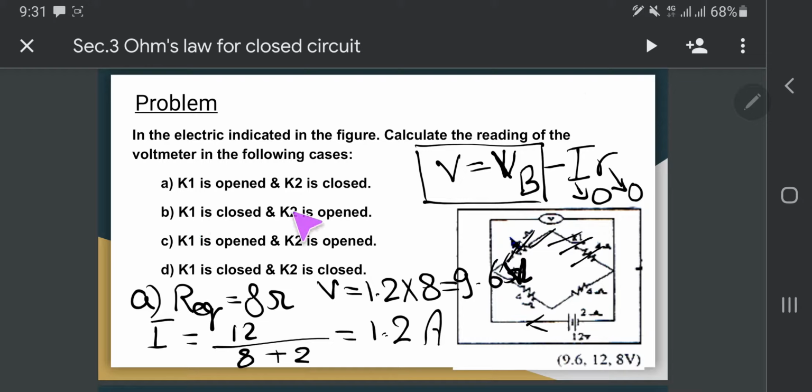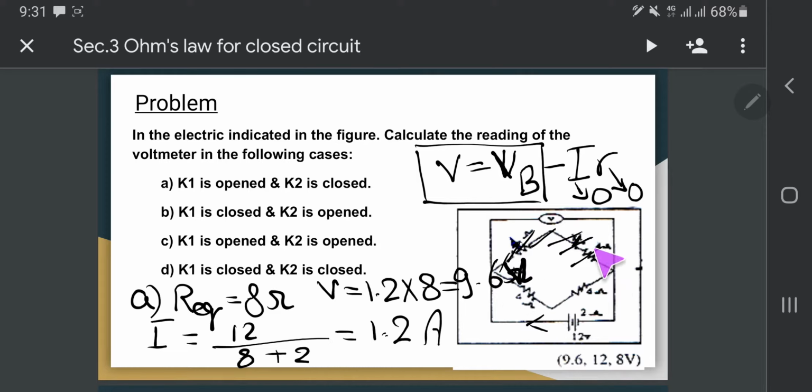Through K1 the current passes through this branch, and this branch is open, so the current cannot flow through it.